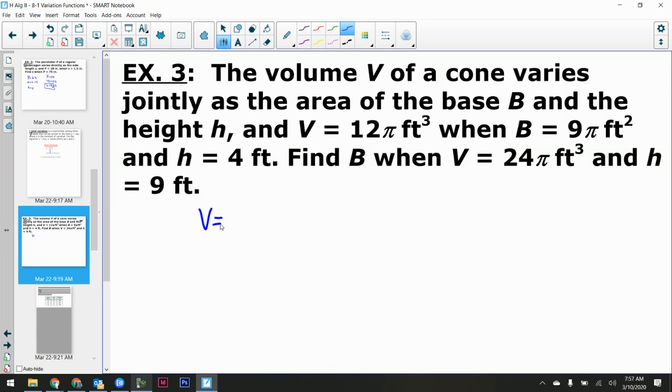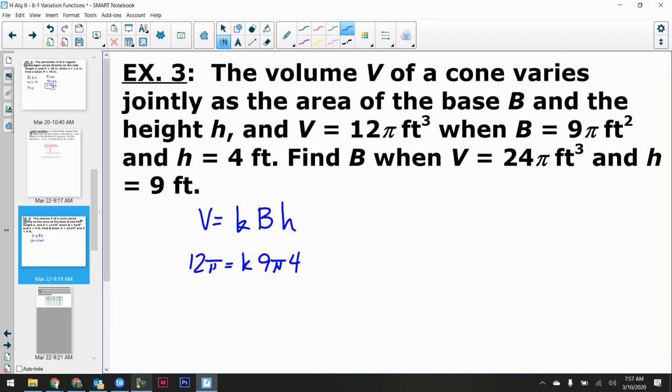All right, the volume of a cone varies jointly as the area of the base B and the height h. So V = k times B times h, just multiplication. Now the volume is 12 pi when the base is 9 pi and the height is 4.